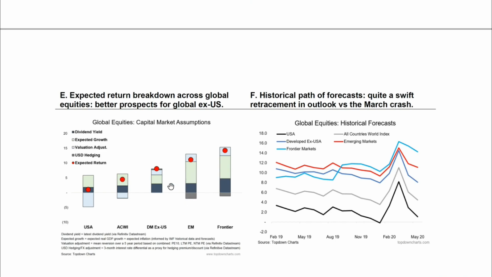You can see there for developed ex-US it's a slight positive, and for EM it's a slight negative. In both respects, the hedging premium has come down quite a lot, or discount has come down quite a lot, because you've had this really quite significant policy convergence as a result of the policy response to the pandemic. And that is how we build them up.